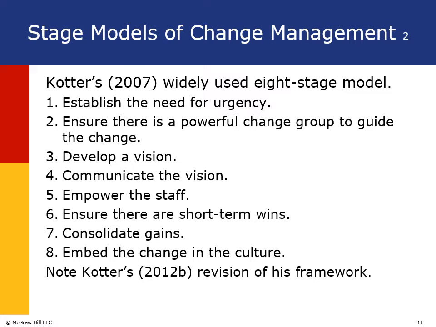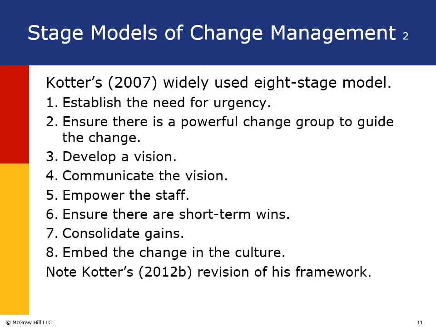Plan for and create short-term wins, especially if it's a long-term project. Make sure there are short-term wins and recognitions. Consolidate gains and produce more change: hire and develop staff who can implement the vision, and maintain momentum with new themes, new projects, and change agents. Then embed the change in the culture.